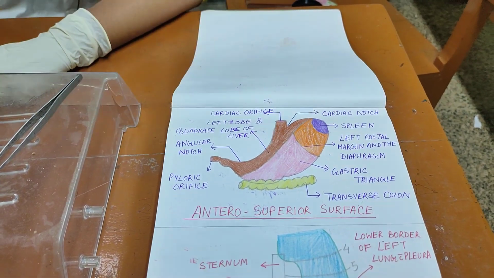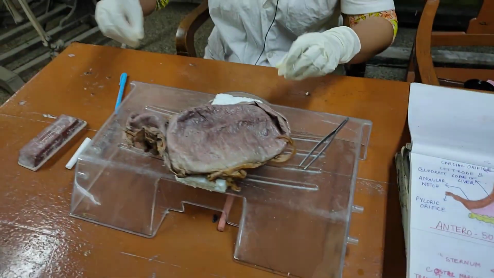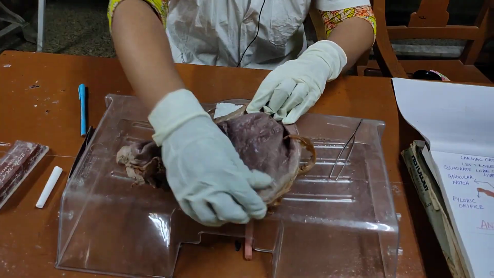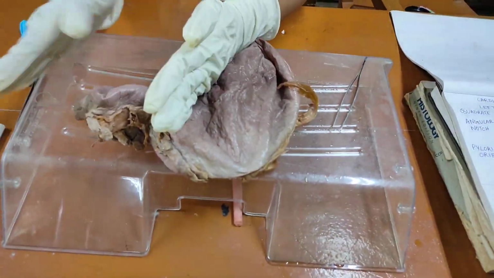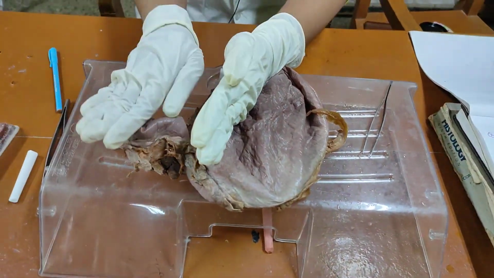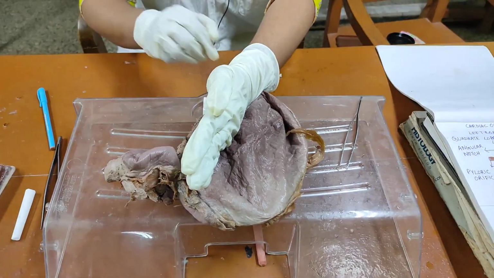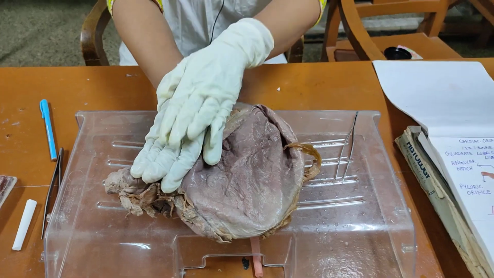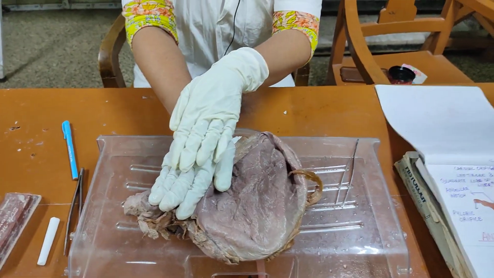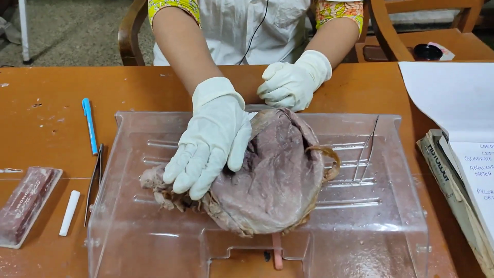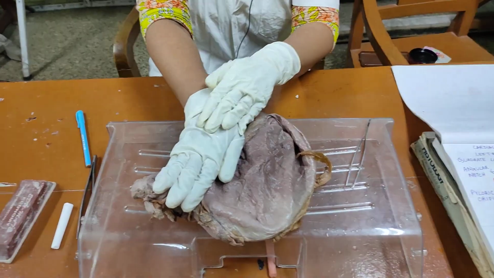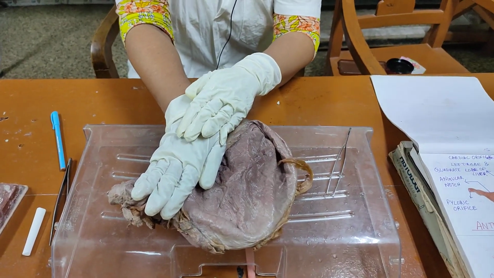So, let us look at this in the viscera. This is the right part, I am demarcating it, this is the right part, this is the left part. The right part is coming in relation with the liver, suppose this hand of mine is representing the liver. Which part of the liver?